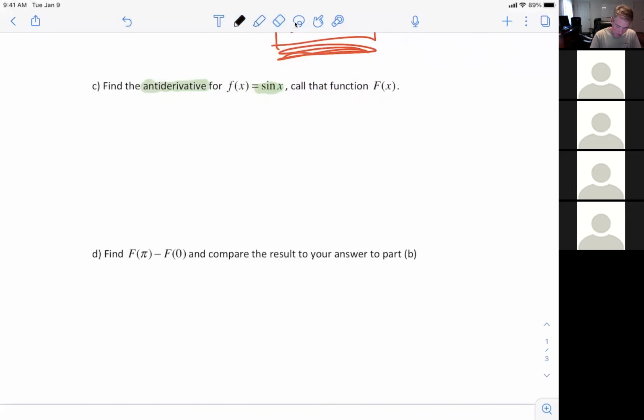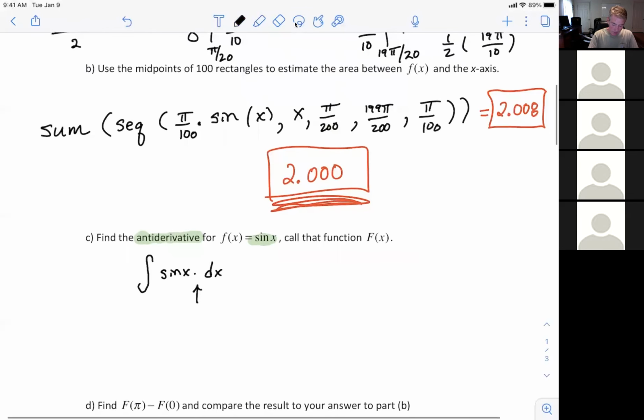So one way to say antiderivative, with a symbol, is you put that integral symbol of sine x and then put dx. And notice that this right here is saying sine times dx. Well, look at what this is saying right here. It's saying sine times delta x. It's saying the same thing.